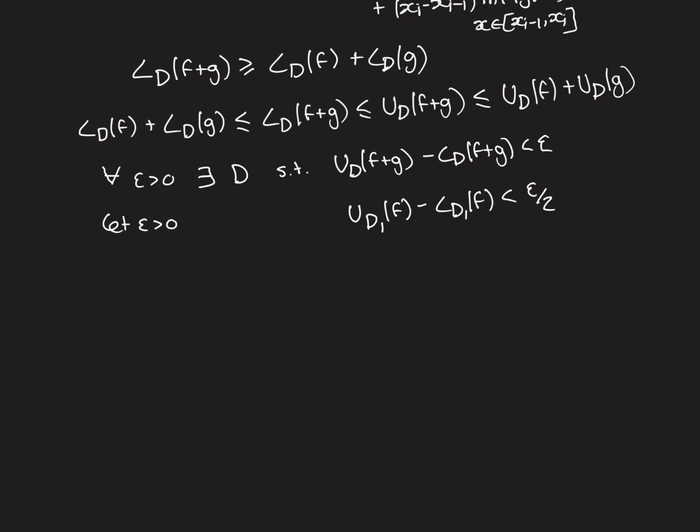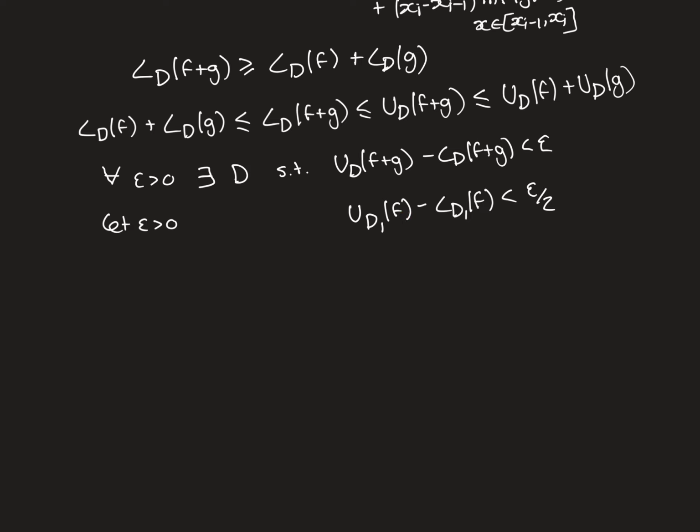Hopefully you've done enough analysis to understand why I need it to be epsilon over 2. It's because I'm also going to do it for g, and it's also going to have a difference less than epsilon over 2, and then when they're added together, it will give that it's less than epsilon.